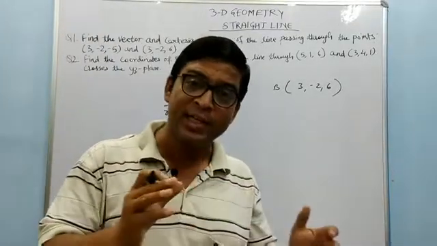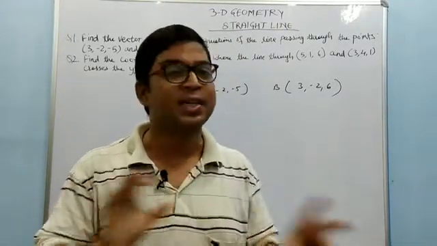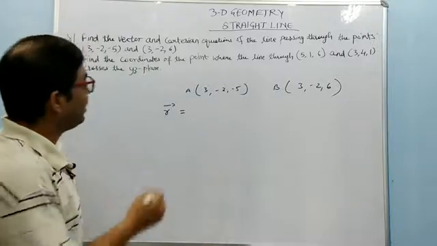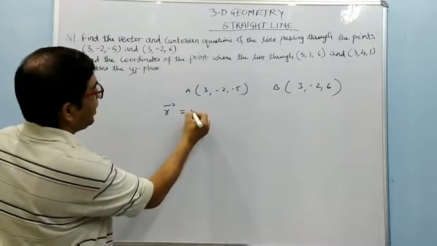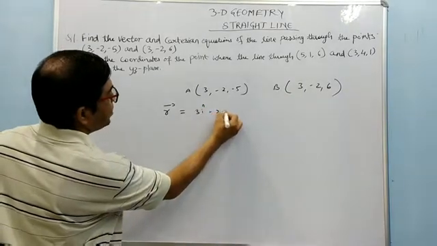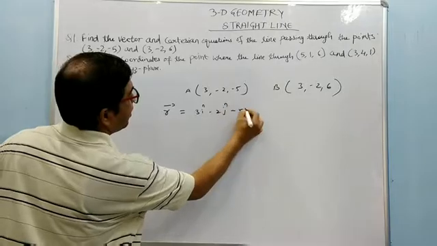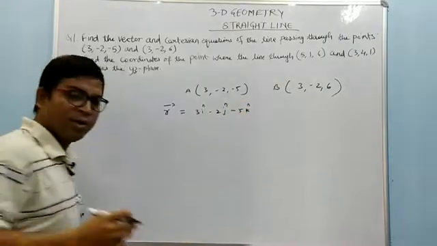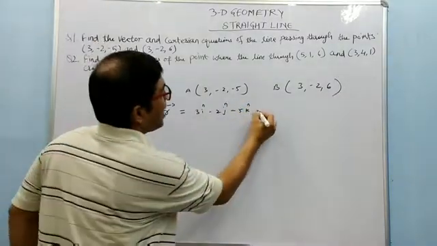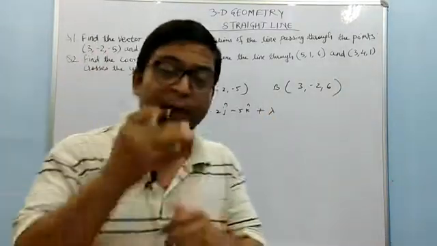If you break it down, it is actually x i plus y j plus z k. Vector r is equal to vector A, that means 3i cap minus 2j cap minus 5k cap, plus lambda times vector AB.